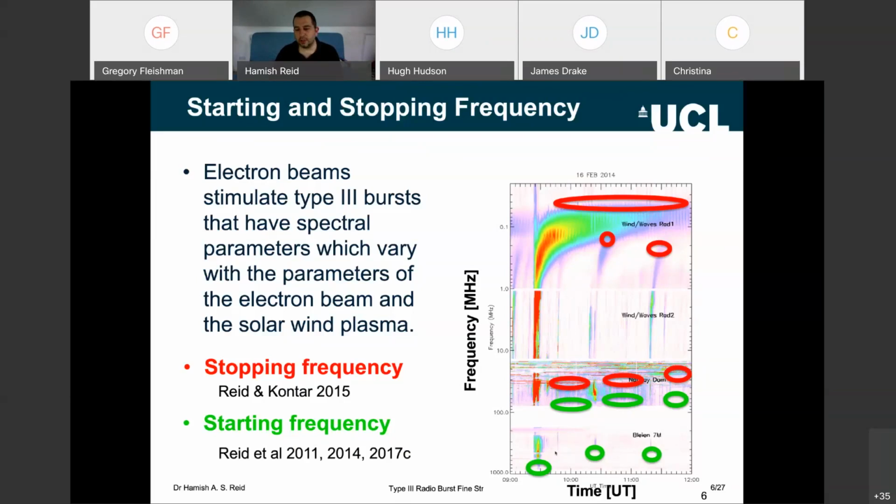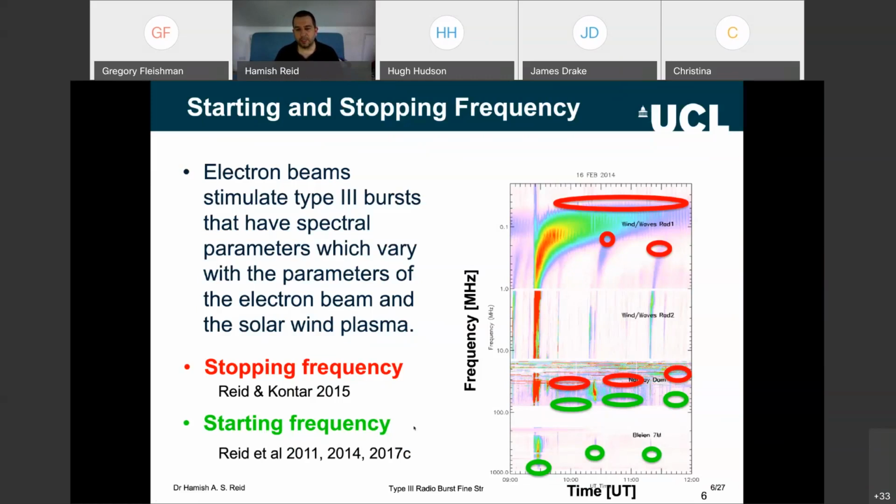But the starting frequencies we found are related to the actual altitude of the acceleration region itself. And so the background density in the acceleration region, but also the instability distance that the electron beams have to travel from the acceleration region to where they start producing radio emission. In these studies at the bottom, we found that this is heavily dependent on the spectral index of the electron beam itself.